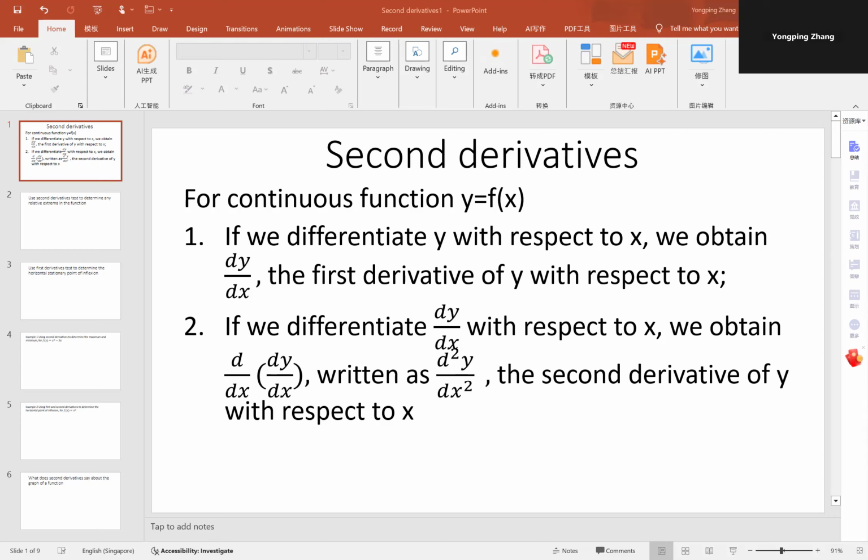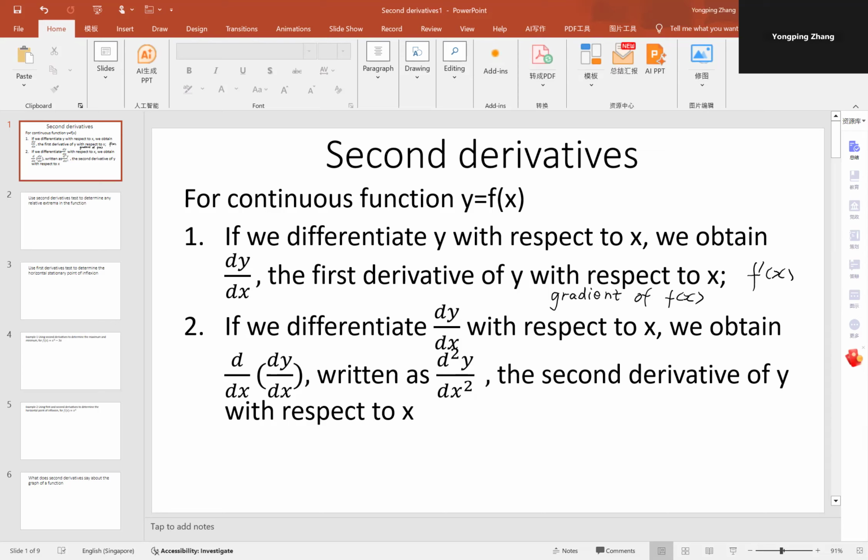We obtain dy/dx. This is the gradient of f(x). We can also write it as f prime x.